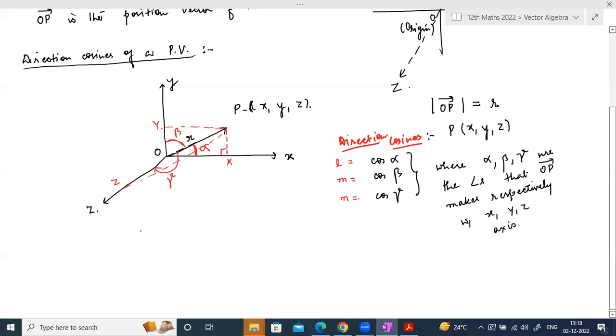So what will be cos of alpha from this triangle, the first triangle OXP? Use trigonometry and tell me what will be cos of alpha.